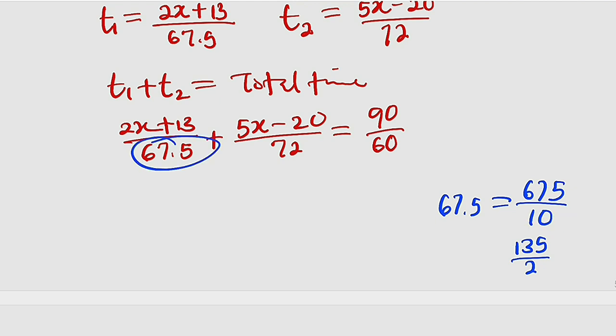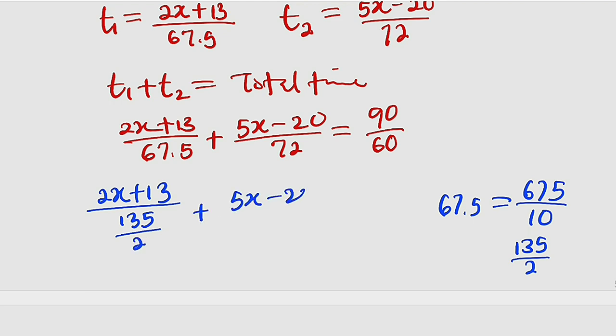So instead of this, we are going to replace it with 135 divided by 2. So our equation becomes 2x plus 13 divided by 135 divided by 2 plus 5x minus 20 divided by 72, and this is equal to 90 divided by 60.